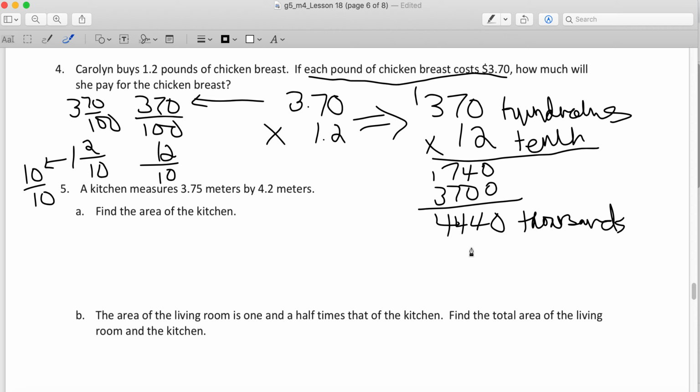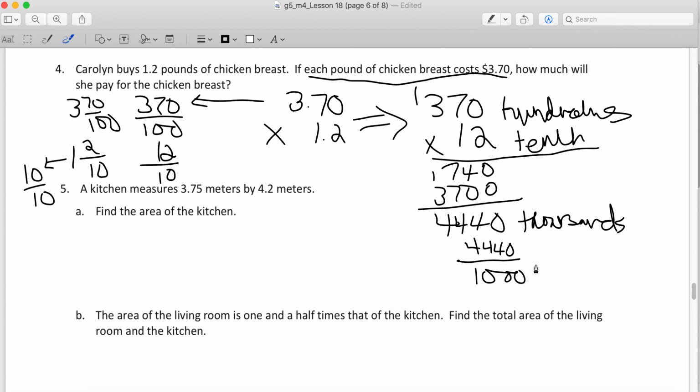How do I write this in decimal form? It's thousands. So I can write this as what? Right, go ahead and write it in fraction form, if that helps you first.